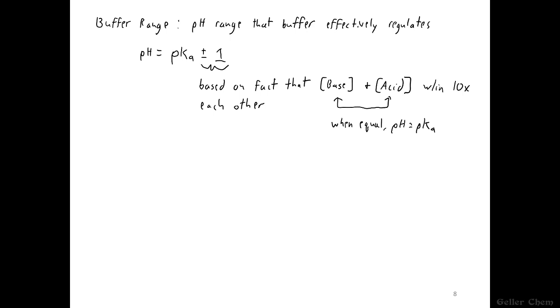But we make the note again because at this point we have maximum resistance to pH change. That is the ideal buffer concentration ratio, is equal. And at that point, our pH will actually equal the pKa of the acid. But so long as we're within plus or minus 1 of that pKa value, you've got an effective buffer.